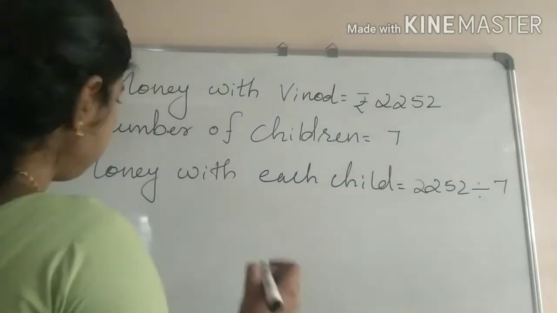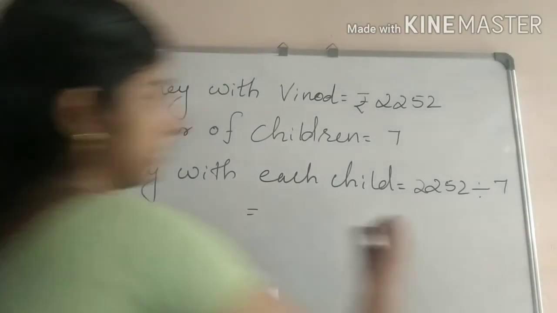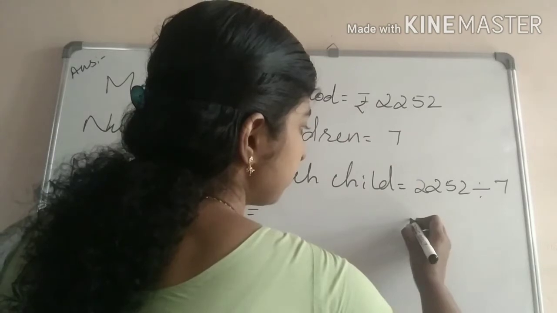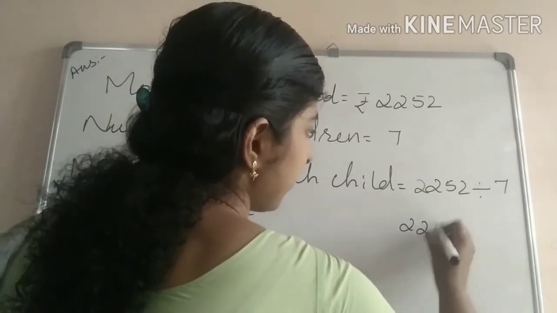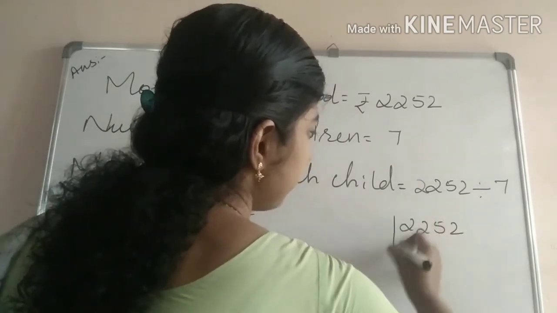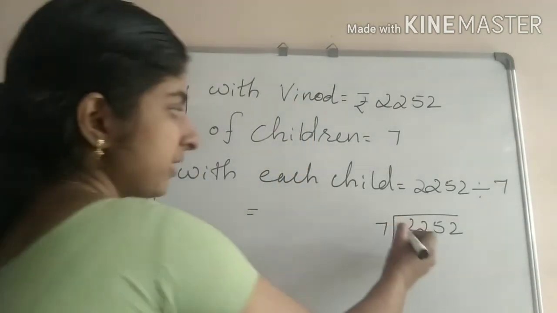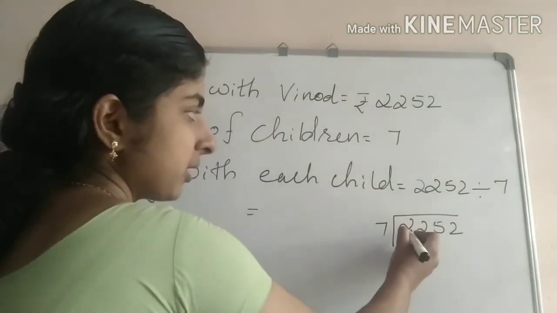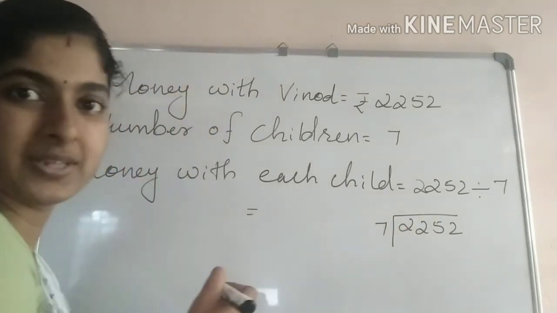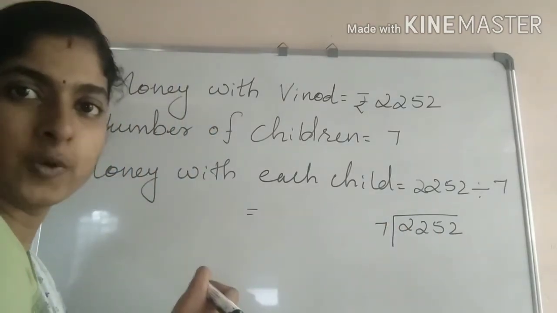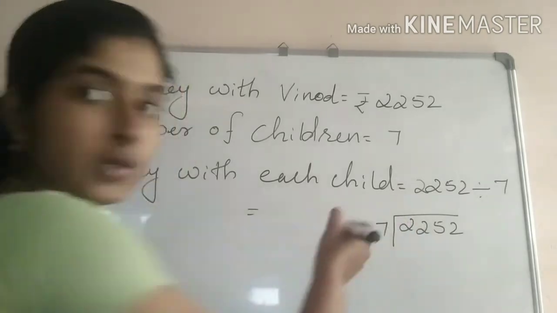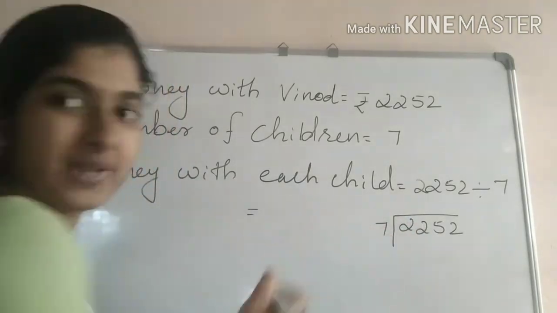See, 2252 divided by 7. First we take this 2. 2 is divided by 7. Is it possible to divide? No, because this 2 is small compared to the divisor, isn't it?